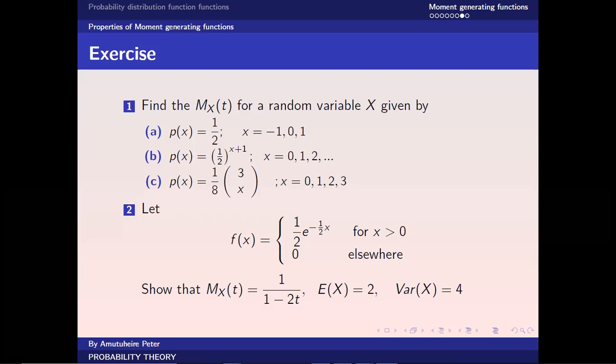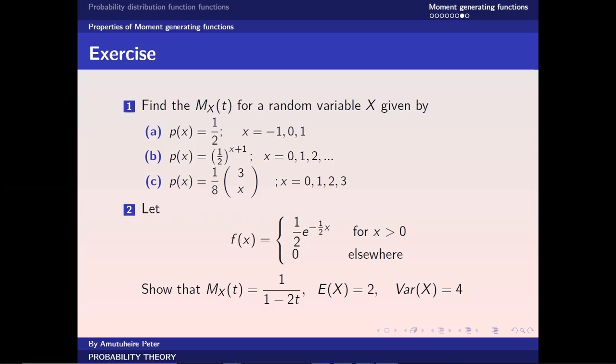A half is a constant, then I take the sum. When x is -1, I get e^(-t), plus when x is 0, I get 1, because e^0 is 1, plus when x is 1, I get e^t.